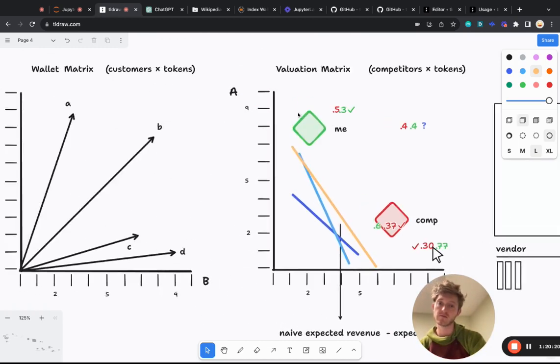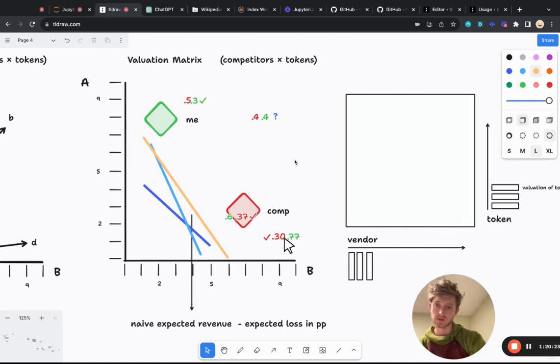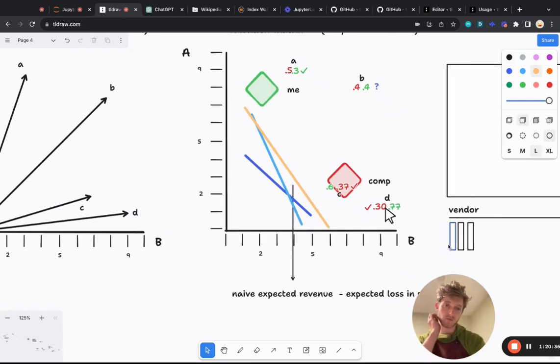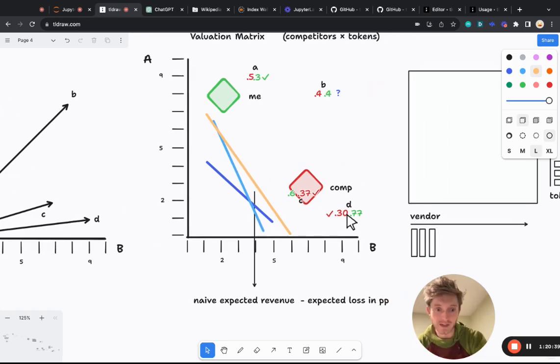For every customer, every customer's location, you compute this vector. It's just a vector now. Amazing. That says where your valuation needs to be in order to be competitive.